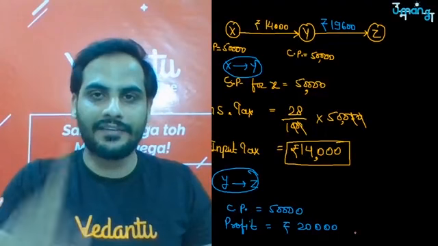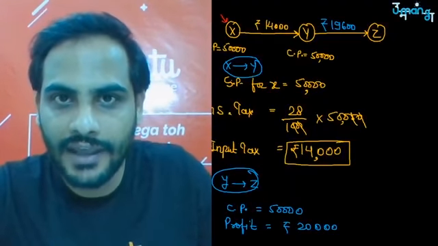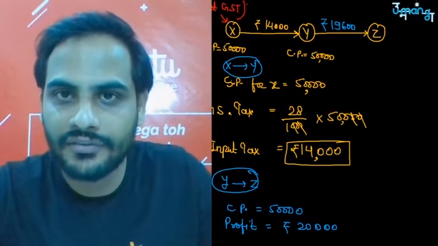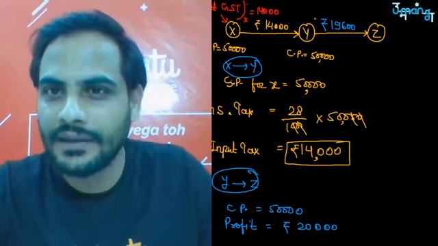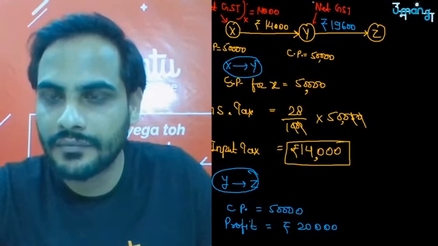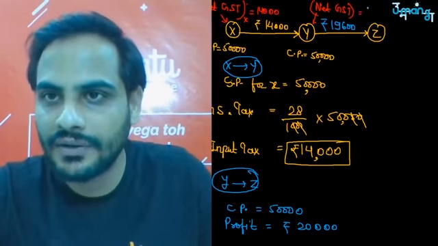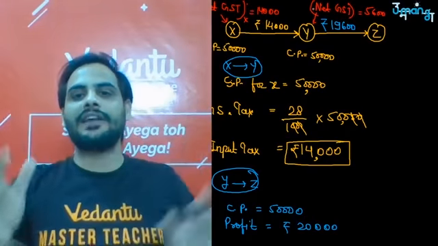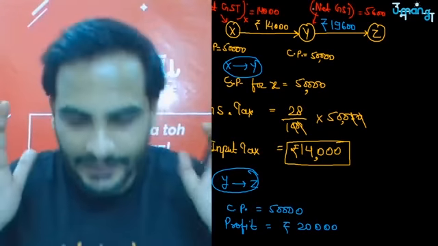So the net GST for X will be your 14,000. Net GST for Y, that Y will be paying, will be equal to 5,600. So overall you can see the government is getting 14,000 plus 5,600. Got it? As simple as that.